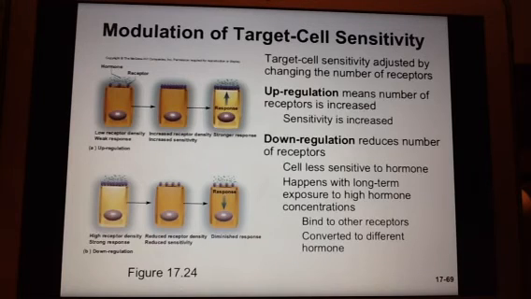An upregulation example is in late pregnancy, the uterus produces oxytocin receptors, kind of getting ready for the surge of oxytocin that it expects during childbirth. And then downregulation, decreasing, especially if target cells have constant long-term exposure to a hormone, they seem to reduce the number of receptors and become less sensitive.